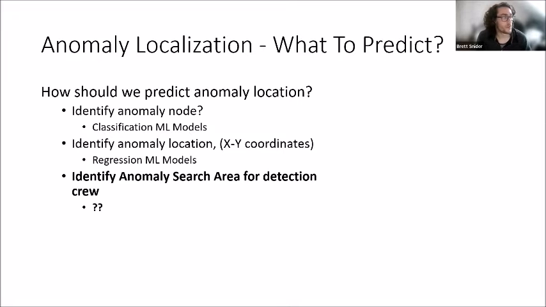There's been a fair bit of research on localization models in recent years, but the vast majority focus on identifying an exact location, either by predicting a node within the distribution system where the event is occurring, which would be a typical classification model, or predicting location coordinates that minimize the distance to the event, which would be regression models.